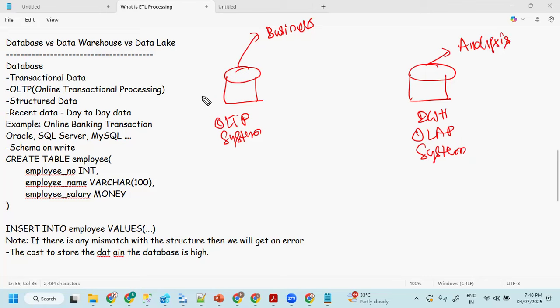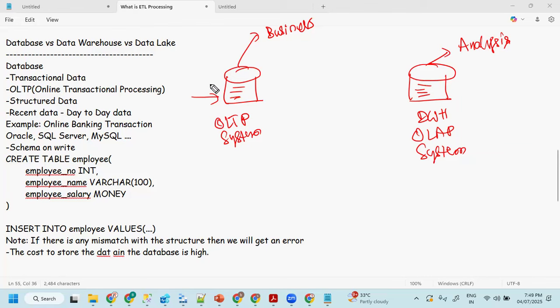So transactional data is going to be here. There is a chance they will ask in the interview, what are the differences between your OLTP system and OLAP system? This system is designed specifically for running the business. Without an OLTP system, you cannot run the business. Both are databases, but the purpose of this database is to run the business, and the purpose of this database is to analyze the business.